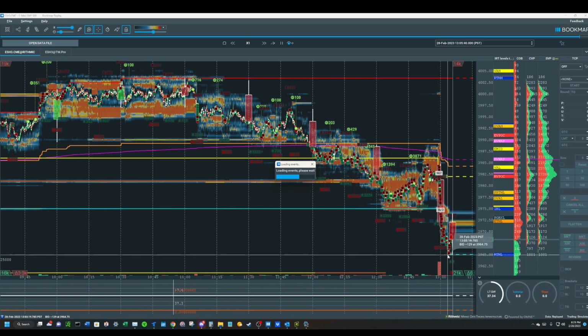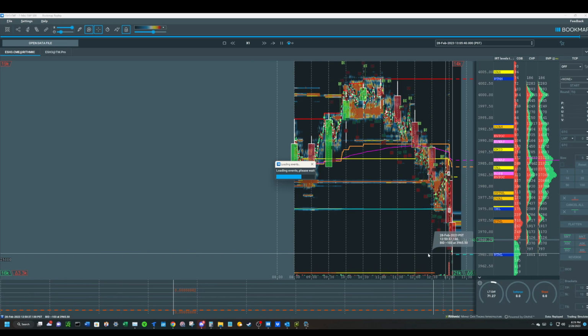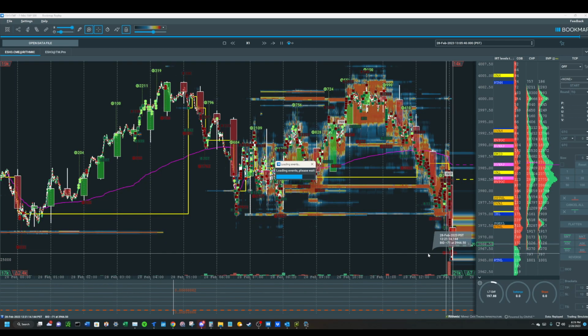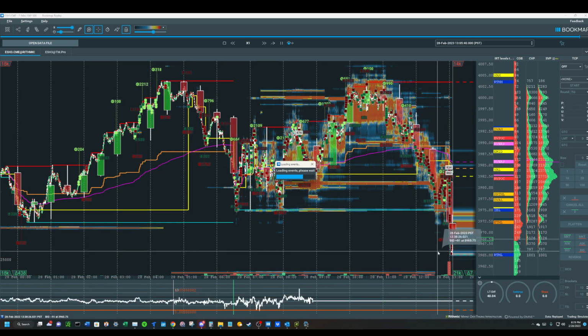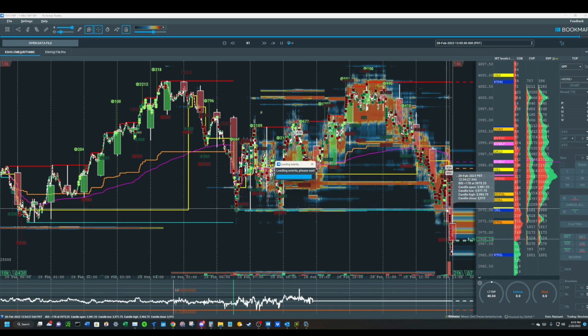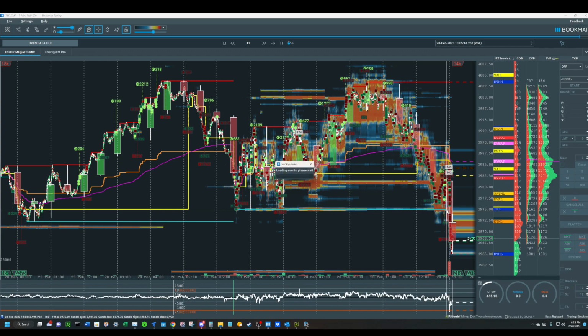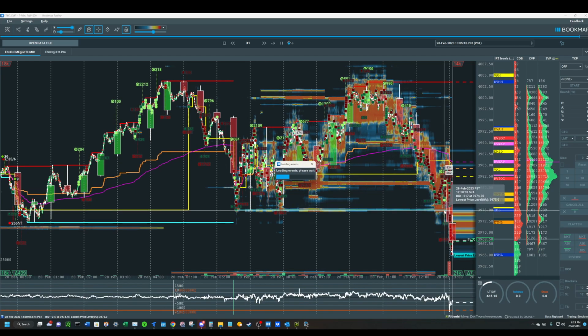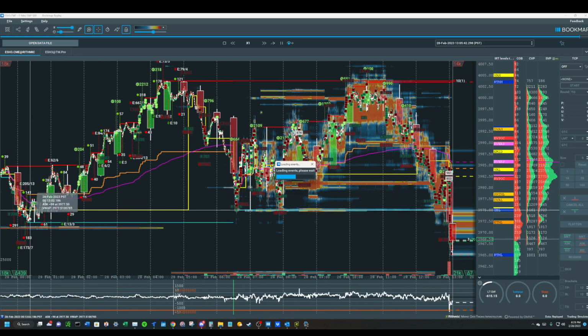See, it just went boom. It just went nuts, and it went all the way back down to, okay, it's calling that RTH low. That's right around where the close was. So it went down below that initial balance low. It went below this structure. So this was all apparently too expensive.